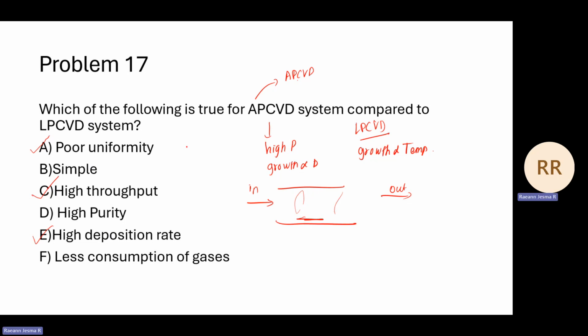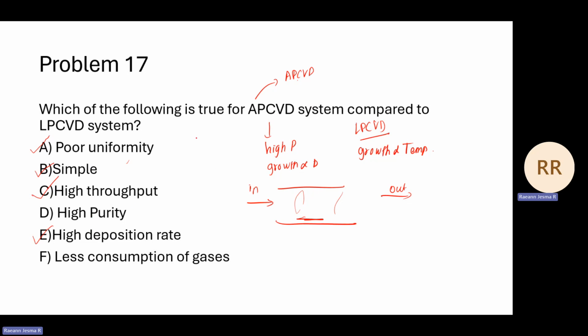So there is a chance for poor uniformity as well. The system is very simple because we do not need to maintain a very high vacuum, so we don't need very complicated vacuum pumps. If you want to go a little lower than atmospheric pressure, a very simple vacuum pump is enough. So the system is simple.